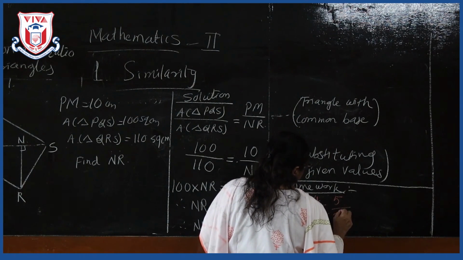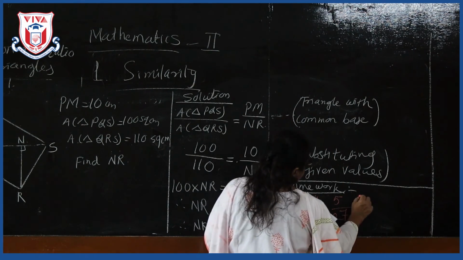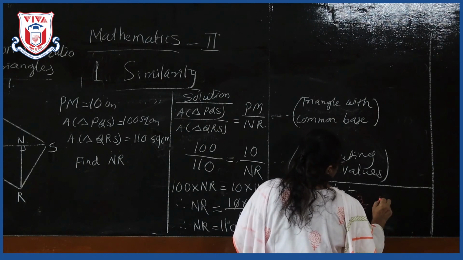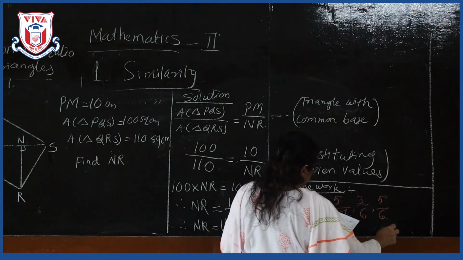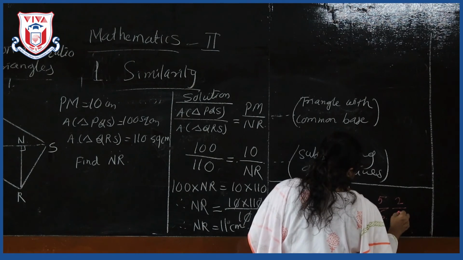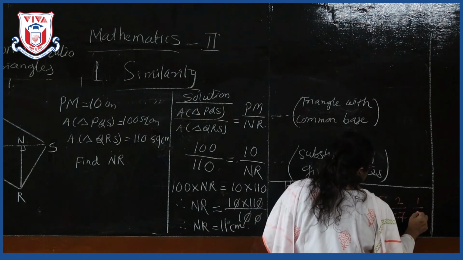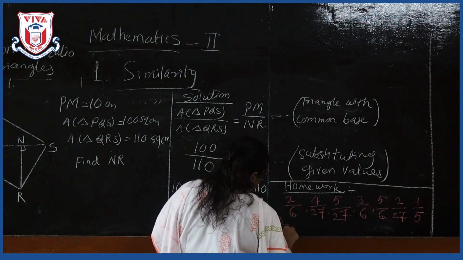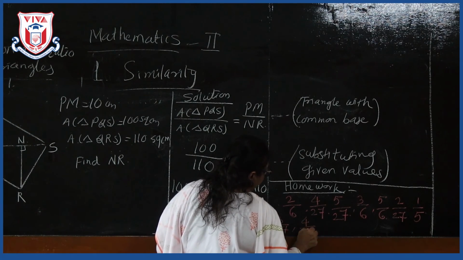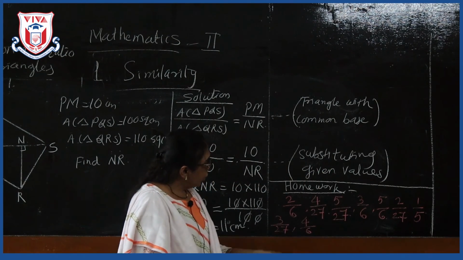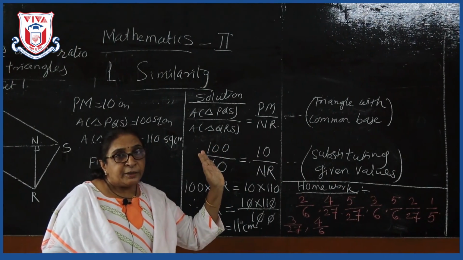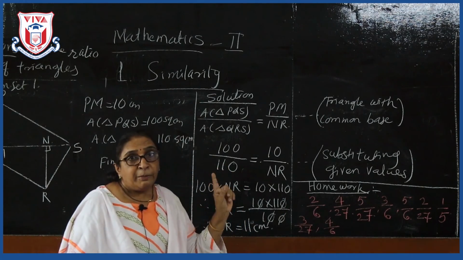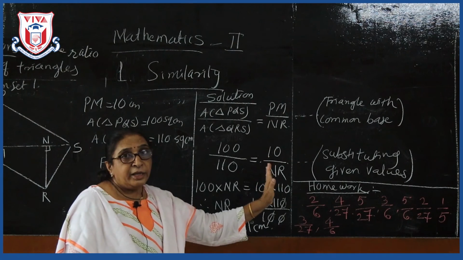Fifth question from page number 27, means problem set. Third example from page number 6. Fifth example from page number 6. Second example from page number 27. First example from page number 5. Third example from page number 27. And fourth example from page number 6. So these are the examples based on these properties. Out of these, 3 examples we have already solved. Remaining you can practice immediately after learning this property.